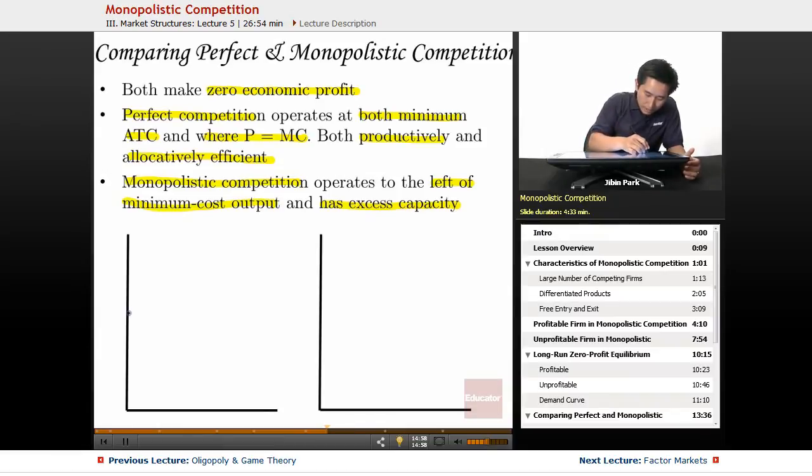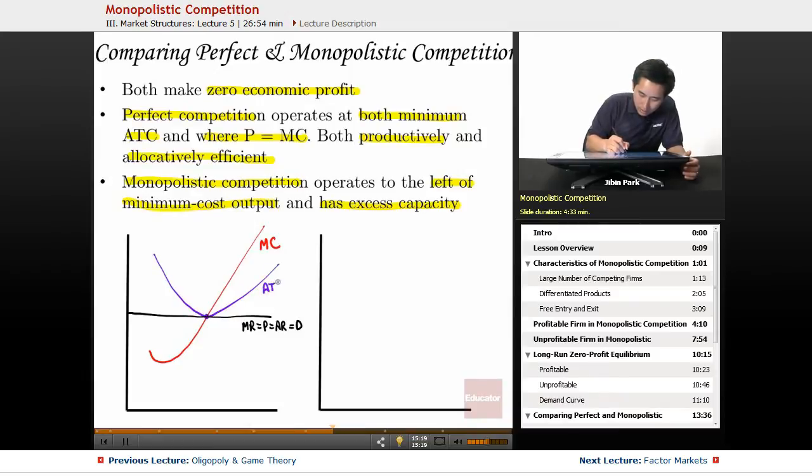Remember, it's going to be a straight horizontal line here. This is going to be MR. So MR equals P equals AR equals D. And what you're going to have here is the marginal cost, the MC, is going to intersect at this point here, the ATC here. So you're going to smile right here. So this is ATC here.